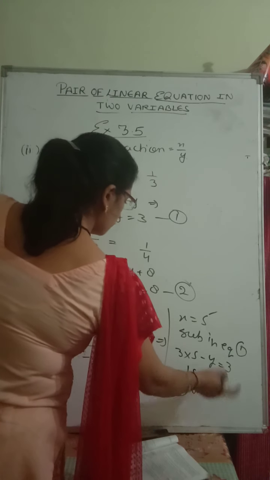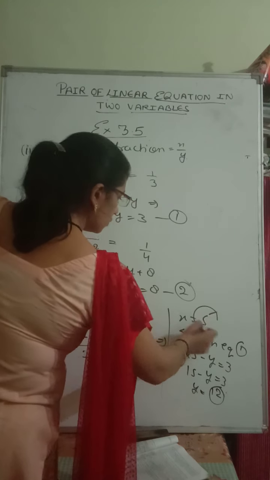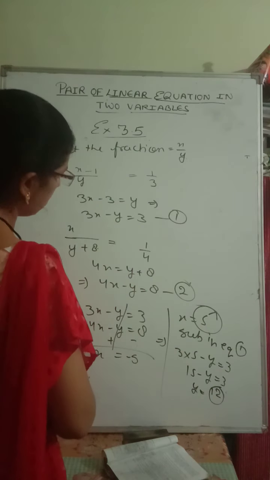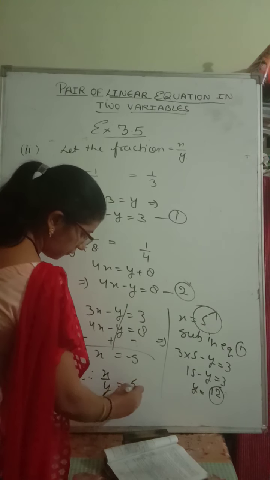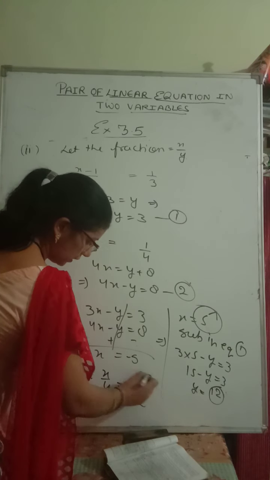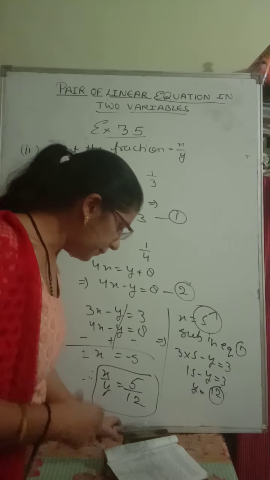So y is equals to 15 minus 3, 12. So we got the value of x is 5 and y is 12. So therefore the fraction is 5 upon 12. So this is our second part.